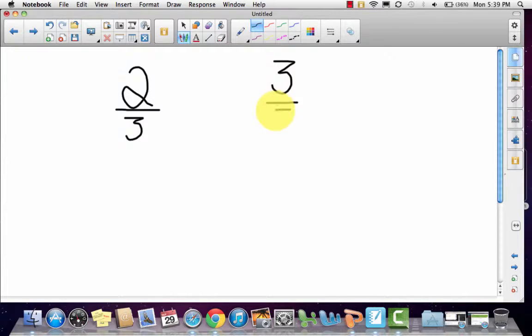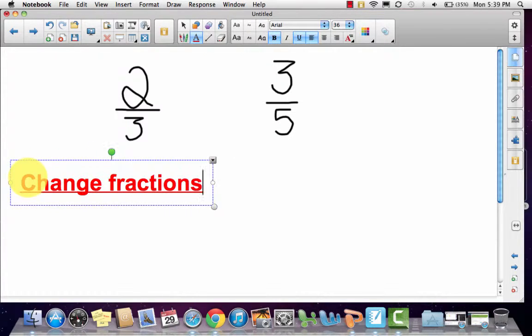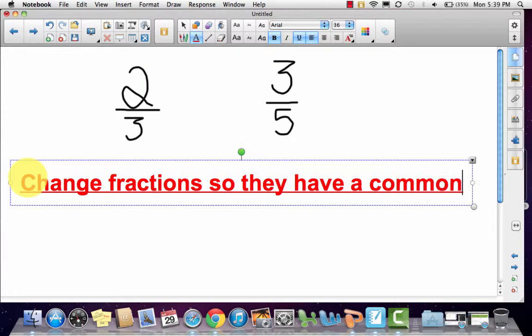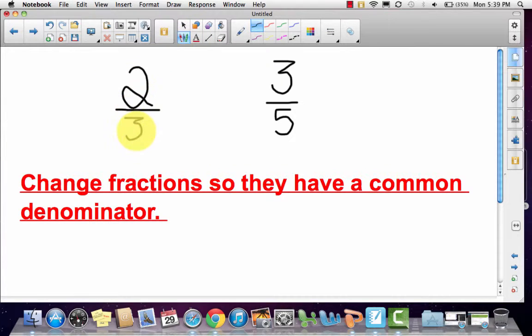My first option is to change the fractions so that they have a common denominator. And I'm going to choose the least common denominator that I can. So since I'm working with 3 and 5, I'm going to choose 15.